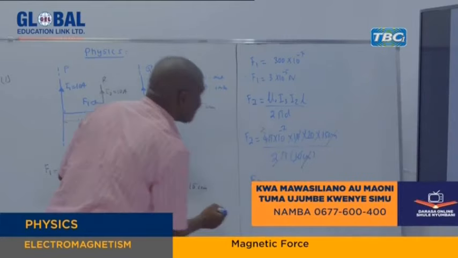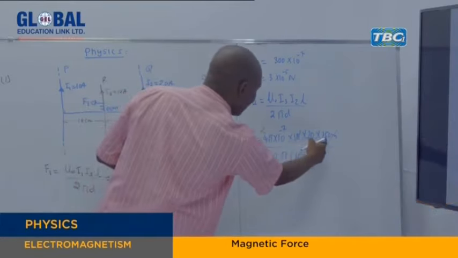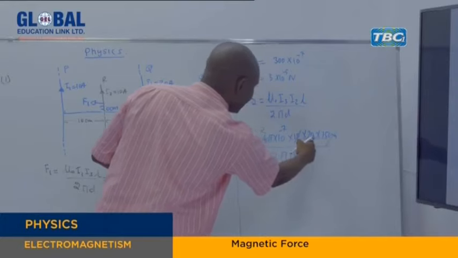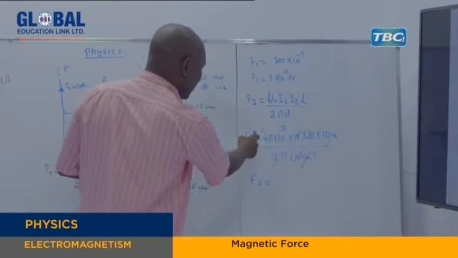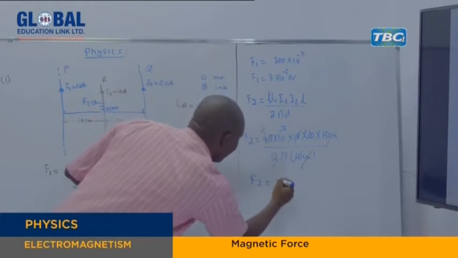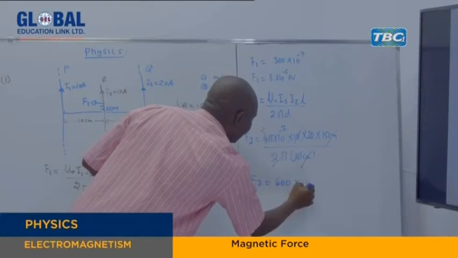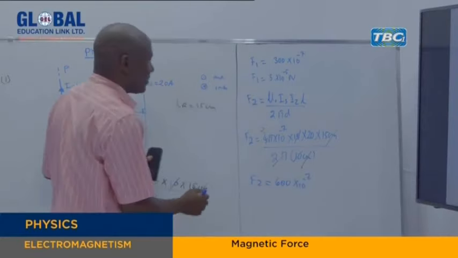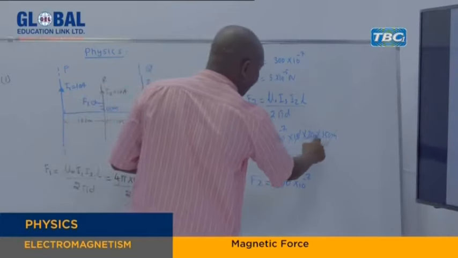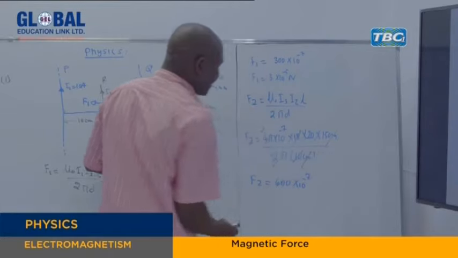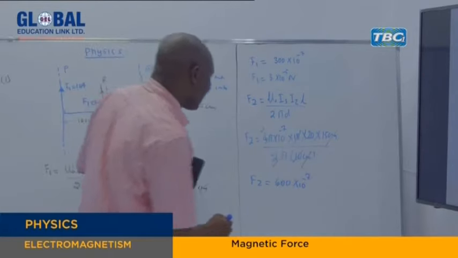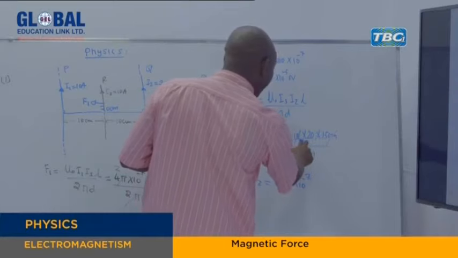So F2 equals 15 times 20 times 2. If you multiply, this will give 600 here, times 10 to the power negative 7. This is 15 times 2, which is 30, and 30 times 2 is 60.